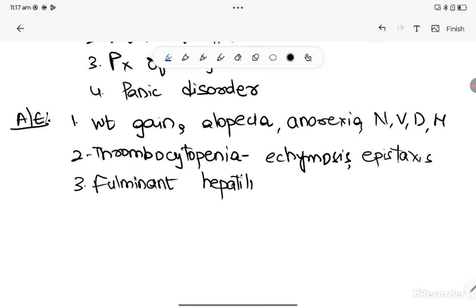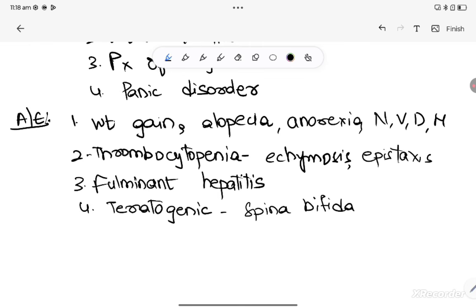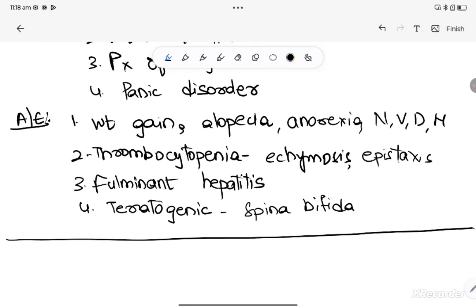For this reason only, every patient who is on valproate will be regularly monitored with liver function tests, and this drug is highly teratogenic. So, this must not be given to pregnant females. It causes spina bifida in the fetus. With this, we have finished valproate. As such, the 5 marks questions in epilepsy are finished.